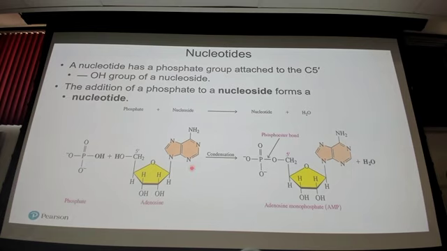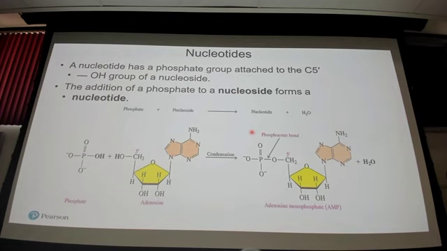So when the nucleoside interacts with the phosphate group, it forms a phosphoester bond on the 5' carbon of the sugar moiety, and that creates a nucleotide.